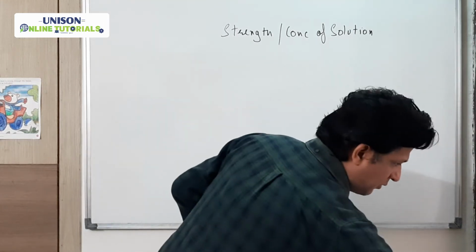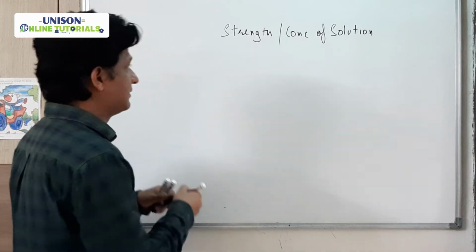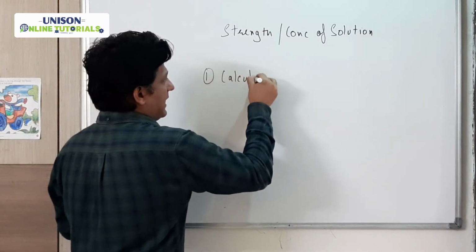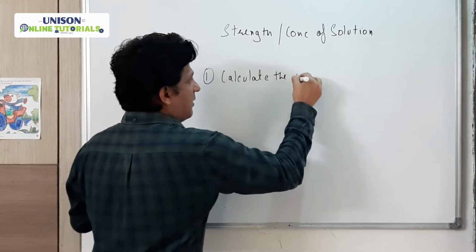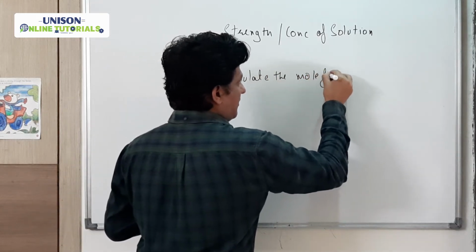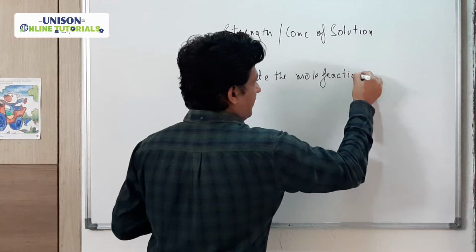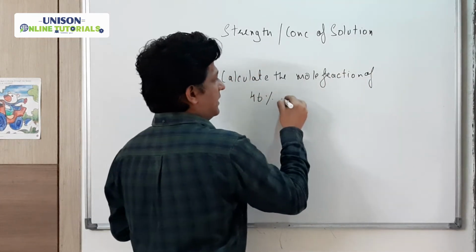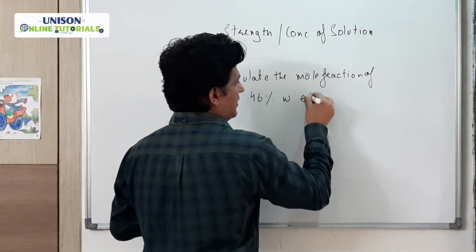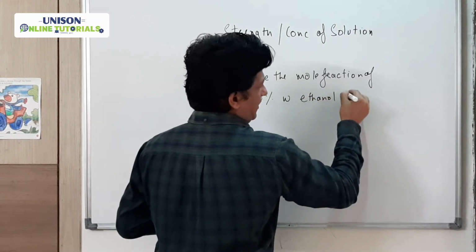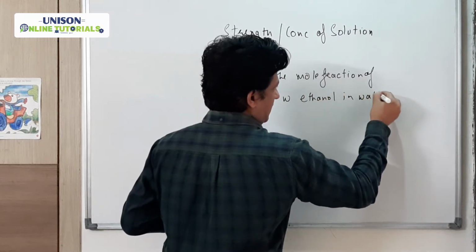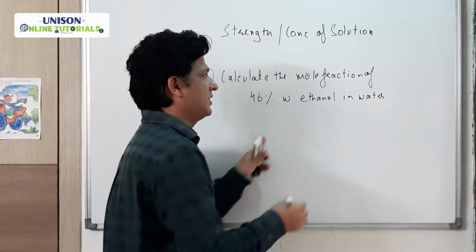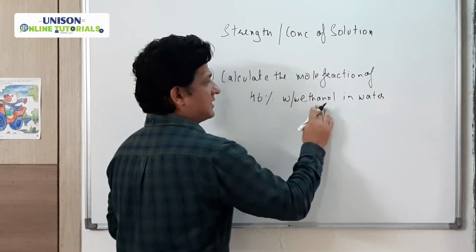First question हम mole fraction पे लेते हैं, ध्यान से देखना. We are having a question, calculate the mole fraction of 46% by weight ethanol in water. So that means it clearly indicates 46% weight by weight ethanol in water.